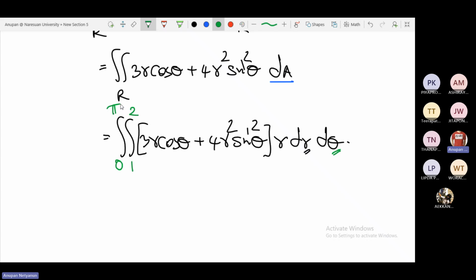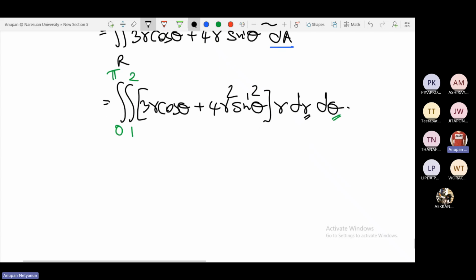But for this problem, let me do the integration for you, and see if you can remember how to integrate it too. For the first integration, let me distribute r to both terms first.